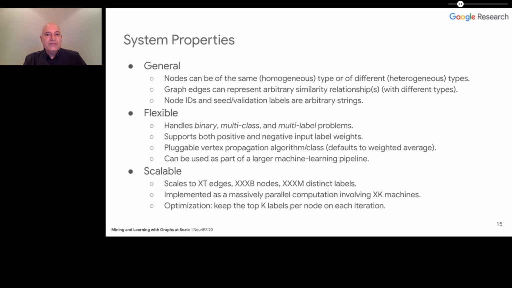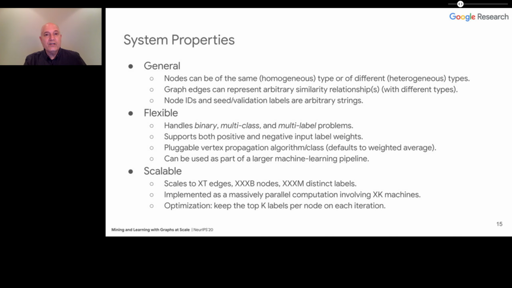One nice thing is that the algorithm knows nothing about the actual data instances themselves. It just knows about its neighborhood, and it knows about any ground truth labels associated with it. We can apply this to nodes that either have homogeneous type or are different types, so we can accommodate the heterogeneous case.